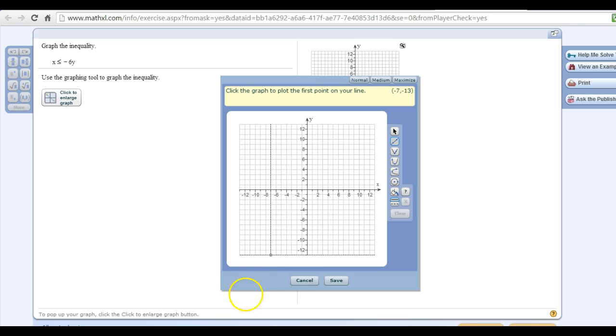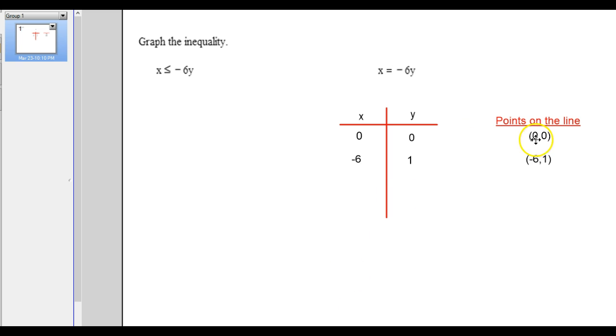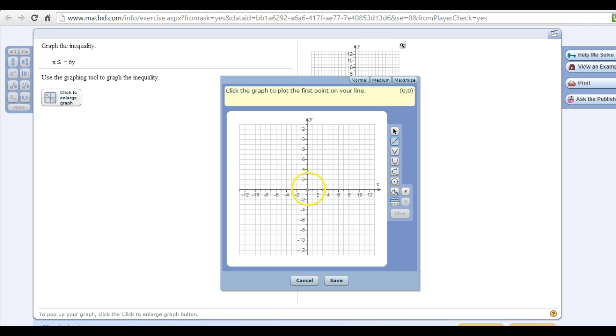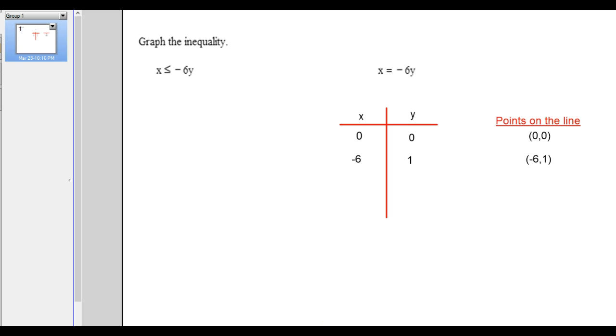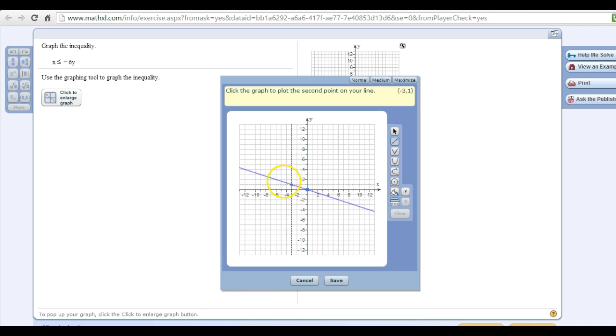The first point that's on this line is 0, 0. So I'm going to find 0, 0 and click the pointer. The next point that I know is on the line is negative 6, 1. So I'm going to go to negative 6, 1, and there's a second point on the line. Click there, and there's my line.